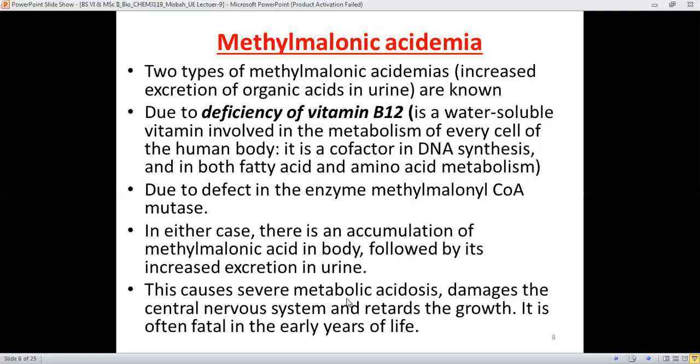In either case, there is accumulation of malonic acid in the body, and later on followed by its increased excretion in the urine. And this causes severe metabolic acidosis, and it can damage the central nervous system and retard the growth of the individual.